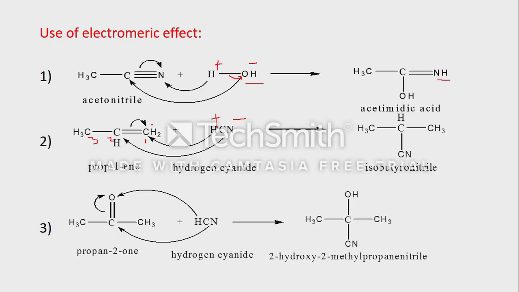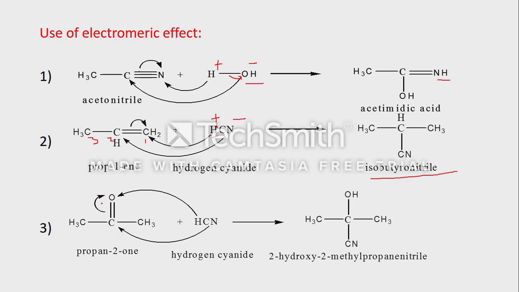Carbon number 1 becomes electron rich, and picks up hydrogen to form a new CH3 bond, and cyanide forms a new CN bond. The compound is isobutyronitrile.